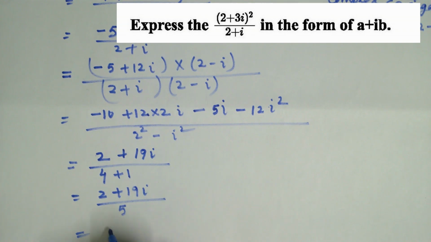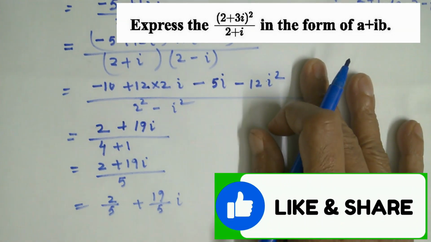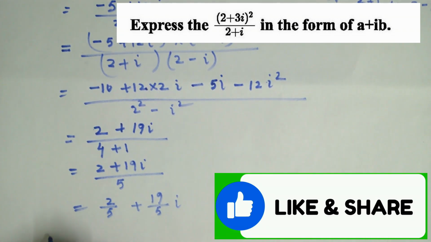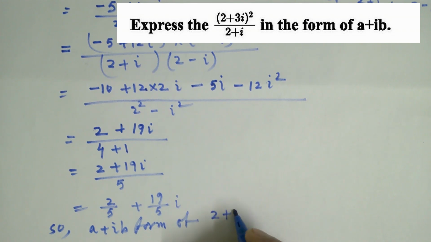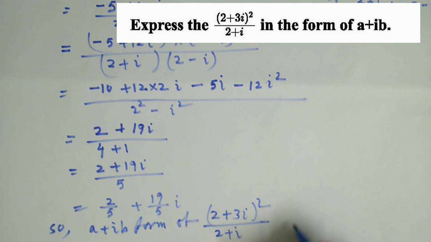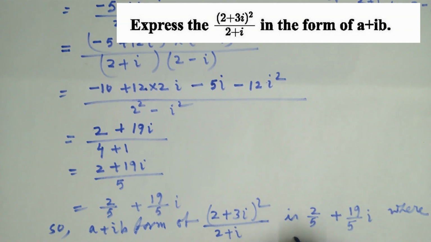So if we write this in the form of a plus ib, it is 2 by 5 plus 19 by 5 i. So the a plus ib form of the given expression (2 plus 3i) whole square by (2 plus i) is 2 by 5 plus 19 by 5 i, where a equals 2 by 5 and b equals 19 by 5.